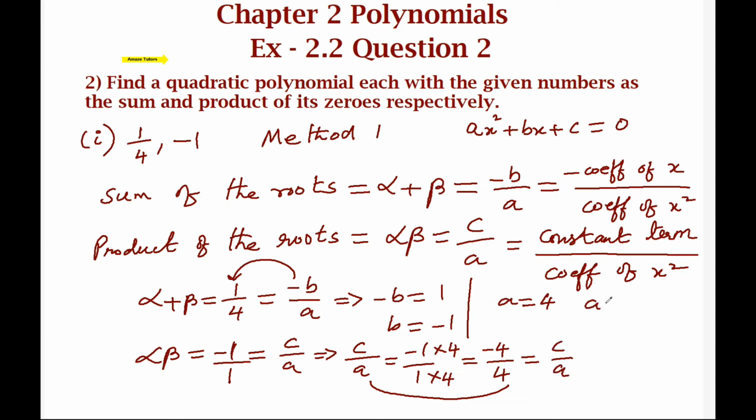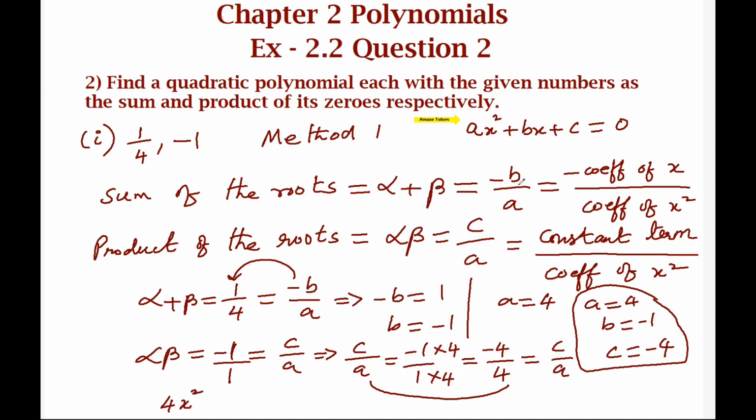Let me write all the values. A is equal to 4, b is equal to negative 1, c is equal to negative 4. Now I can simply substitute all these values in the standard form to get the answer, the quadratic polynomial. A is 4, so 4x squared.